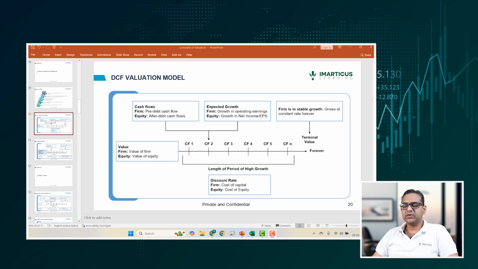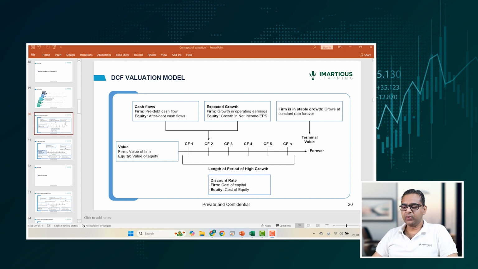In those cases we can make explicit forecast for longer, and then eventually for those companies also we will assume that they will grow at a constant growth rate forever. So our length of explicit forecast period can vary from company to company.